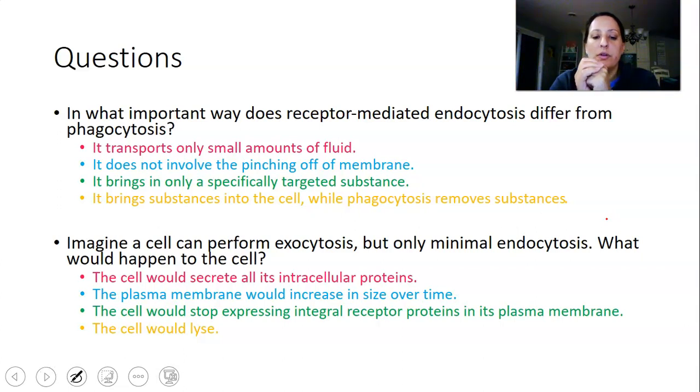Red, the cell would secrete all of its intracellular proteins. Blue, the plasma membrane would increase in size over time. Green, the cell would stop expressing integral receptor proteins in its plasma membrane. Or yellow, the cell would lyse. It's a tricky one.